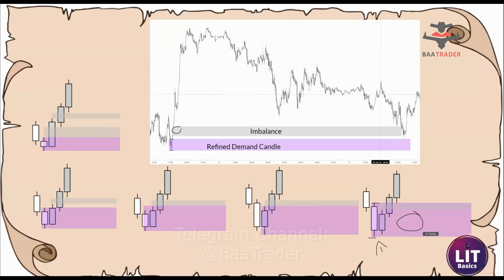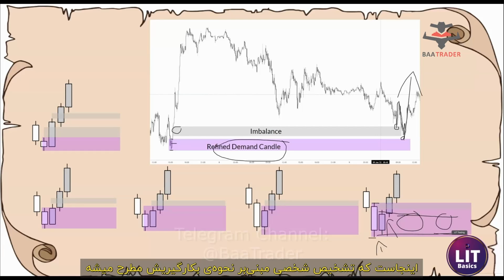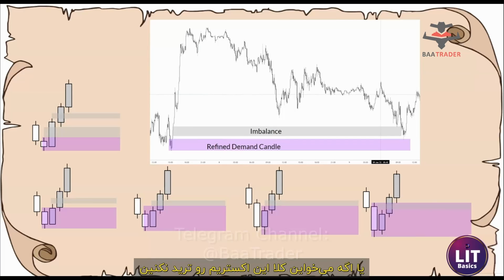As you can see, price comes, first fakes the imbalance fill, gives a false reaction, comes back lower, taps into now this refined demand candle, and then is out of it. So guess what? If you refine it too much and say maybe I take this candle in here, like this one, then again, this zone would have been missed. So that's where this personal preference comes in of how to use it and how many opportunities you want, or if you even want to not trade the extreme at all, because you will dig in how to use this properly.